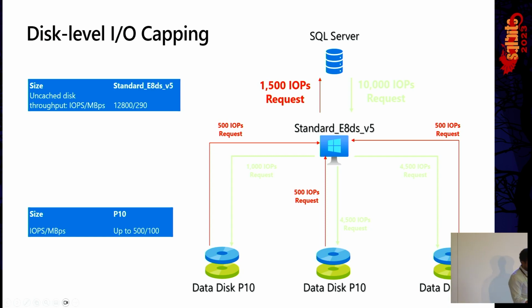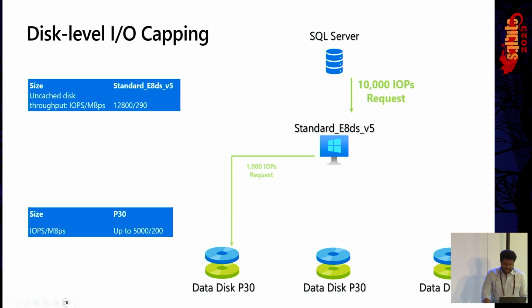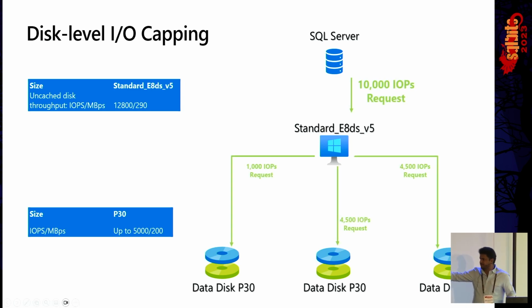Now, how to solve this problem? What is the bottleneck here? The P10 disk. Let me change this P10 disk to a P30 disk, where each disk has 5,000 IOPS. If I change that, I again try to give 1,000 IOPS, 4,500 IOPS, 4,500 IOPS.